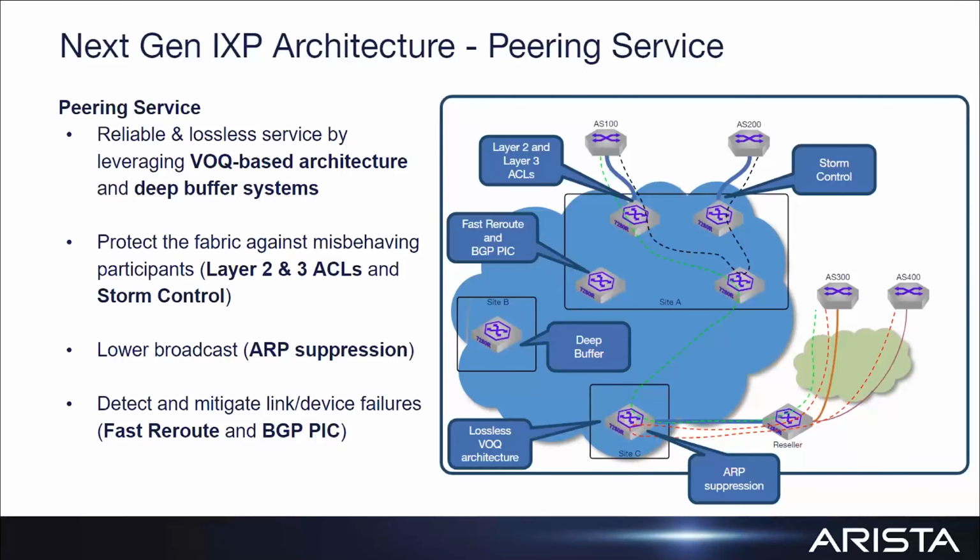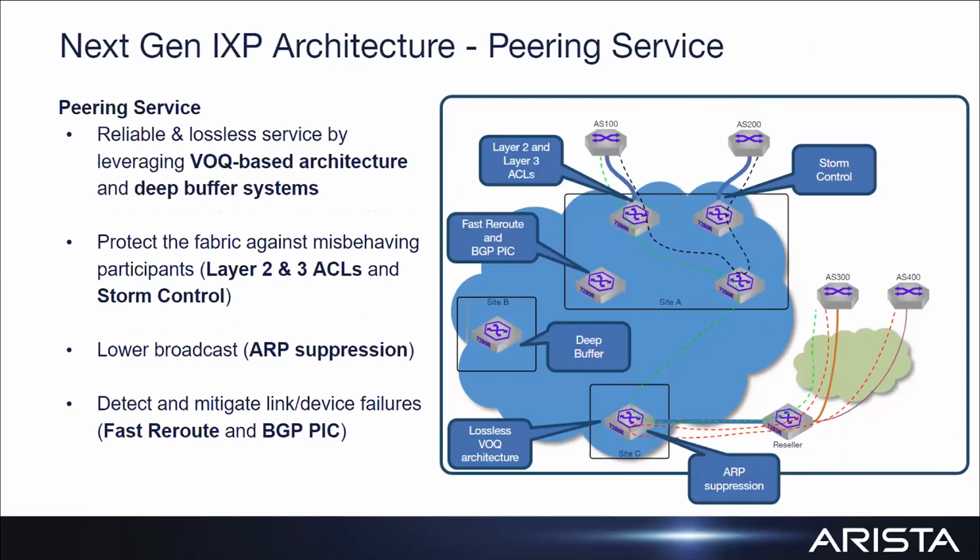We want to keep that as low as possible, and therefore we use ARP suppression. We want to detect and mitigate link and device failures as quickly as possible, so we can leverage technologies like fast reroute and BGP prefix independent convergence.